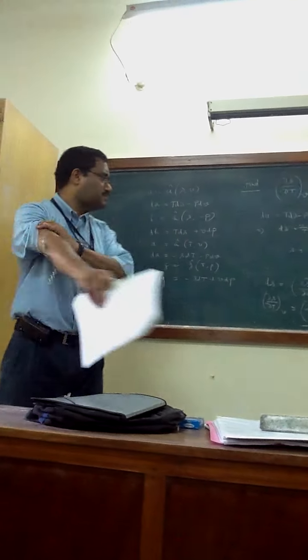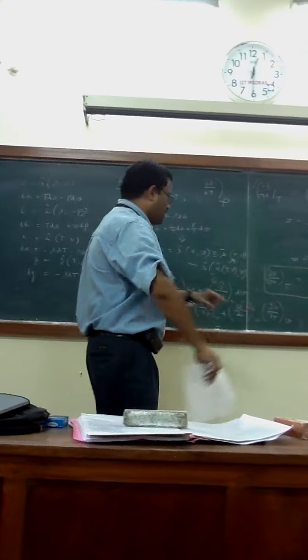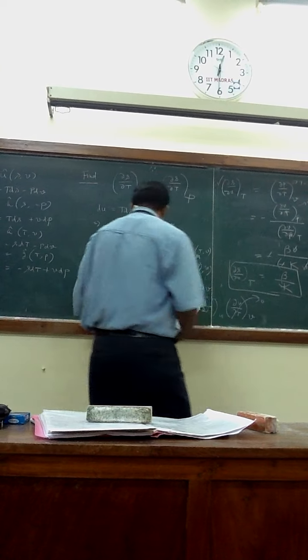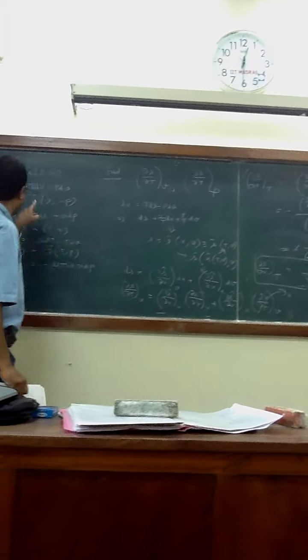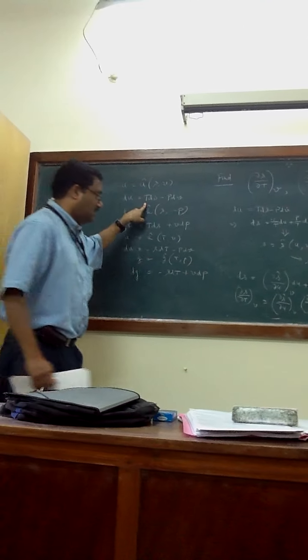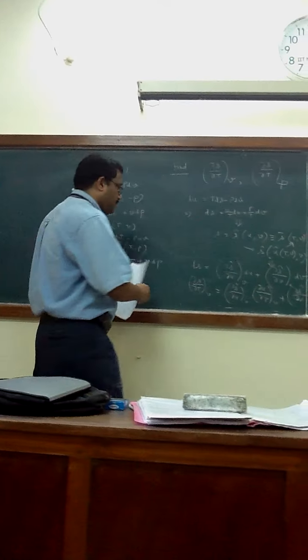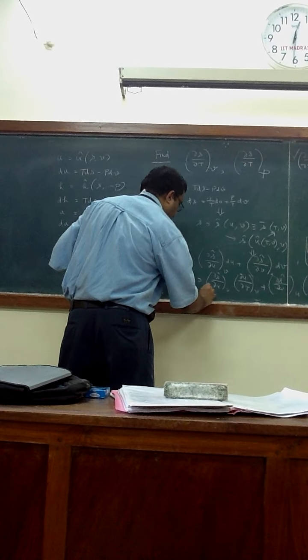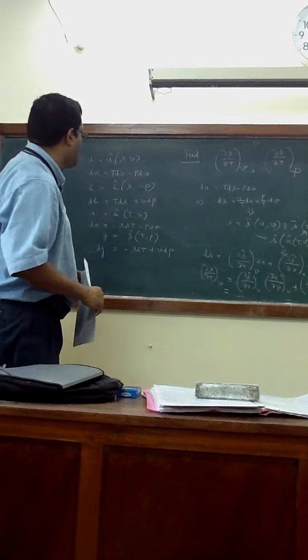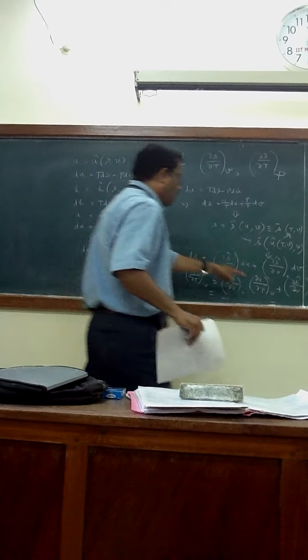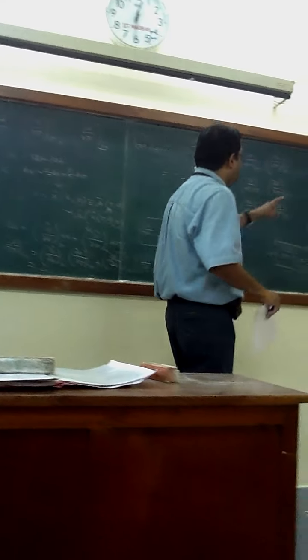The second term will go, right? Because V is constant, ∂V/∂T is zero. And ∂S/∂U at fixed V we know from here is 1 by T, and ∂U/∂T at fixed V is CV.